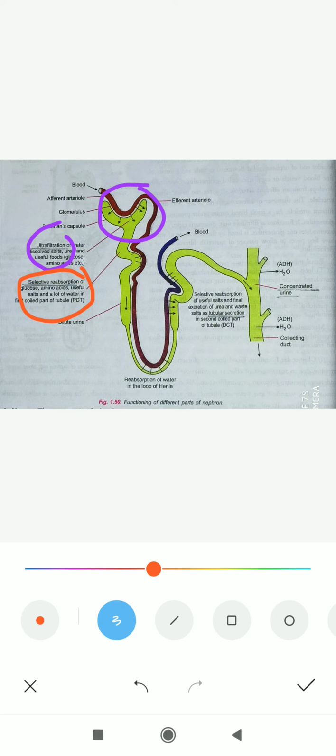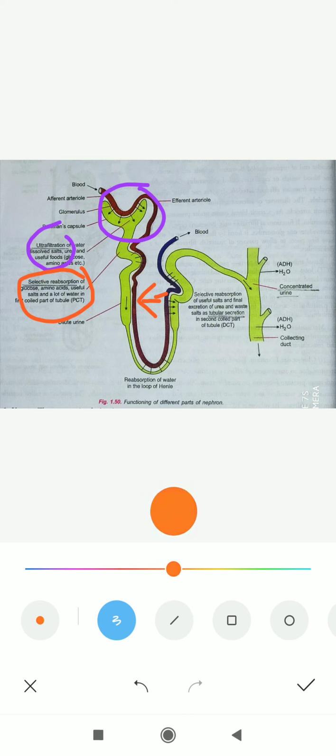So this process is known as selective reabsorption. During reabsorption, we can see the blood vessel moving along with the renal tubule, helping in reabsorbing the important substances required by the body. These substances move from the renal tubule, the PCT, to the blood vessel.